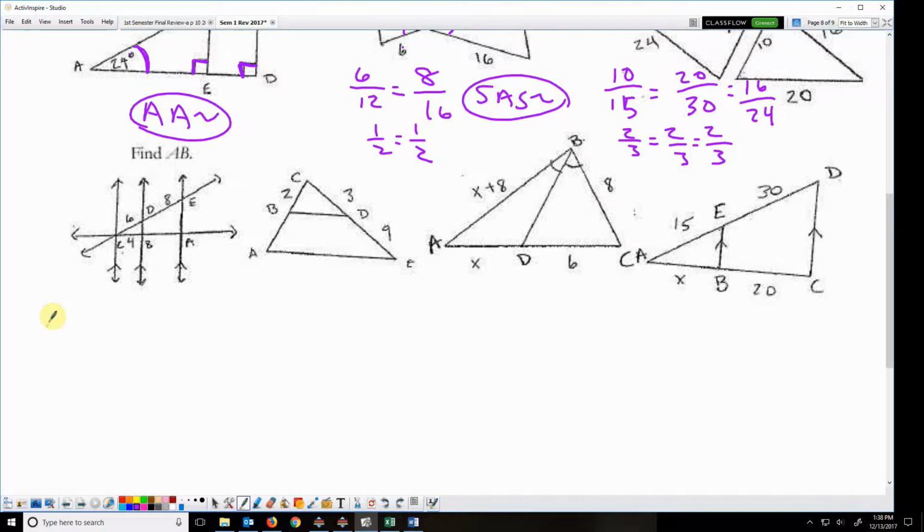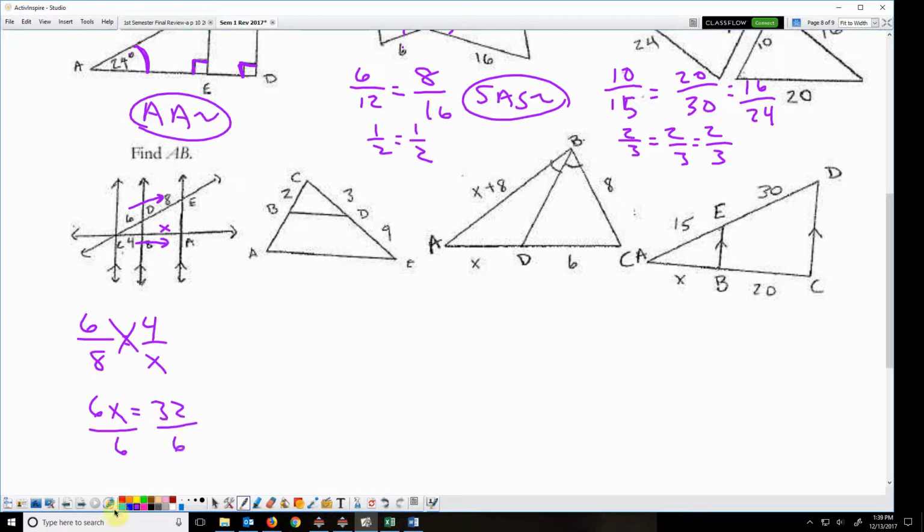In this last row, for all four of these, we're going to find the length of segment AB. So we'll write a proportion. We can do 6 over 8 and 4 over AB. We'll just call that X. Our cross products are 6X and 32.